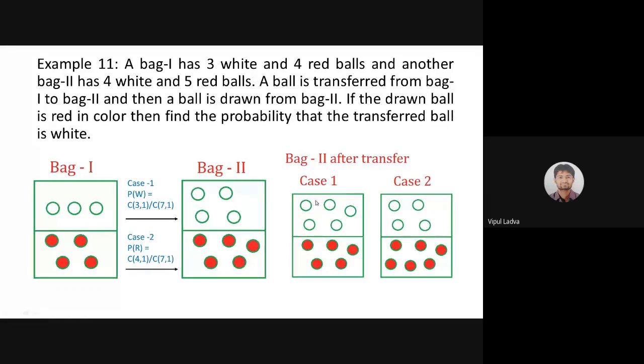Take care about one thing: you are not supposed to draw such figures in the examination. This is just an explanation for better understanding. You are supposed to represent all of this with proper labeling of the events, nothing else. This is the situation after the transfer of one ball from bag one to bag two.